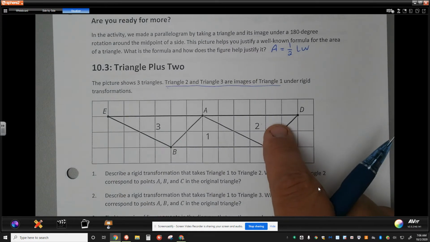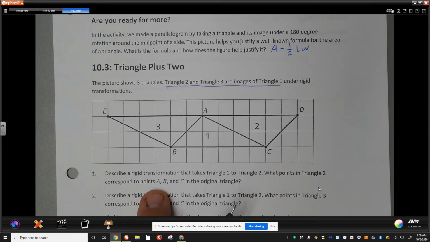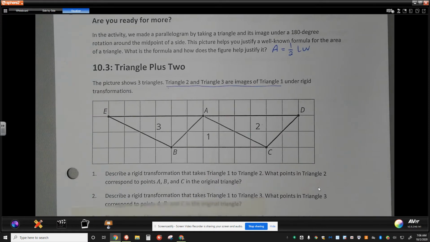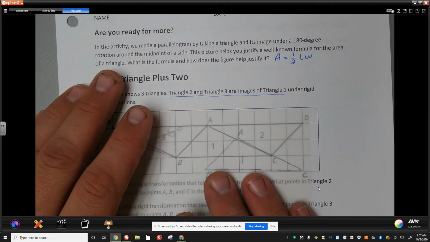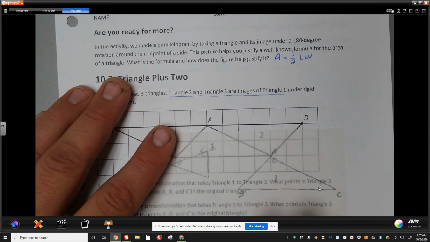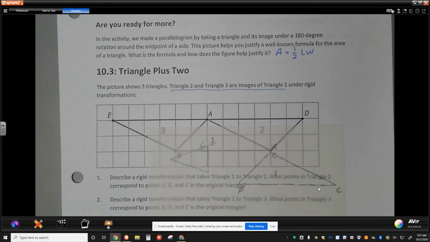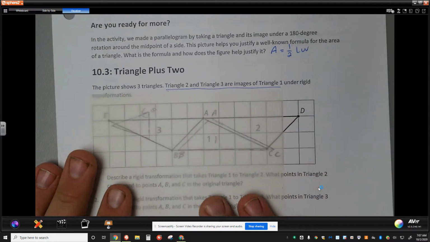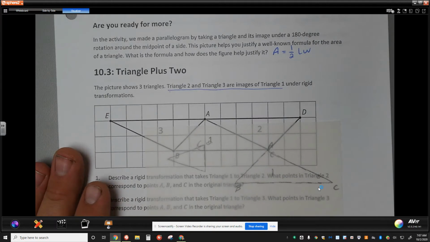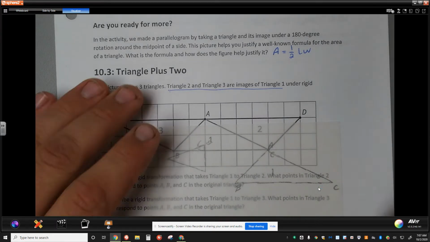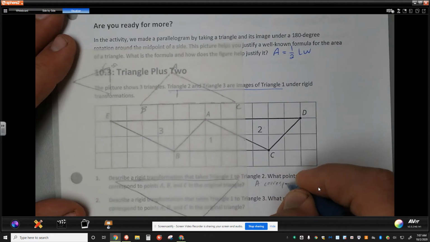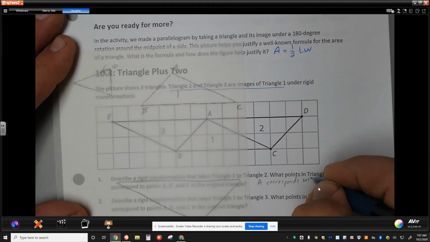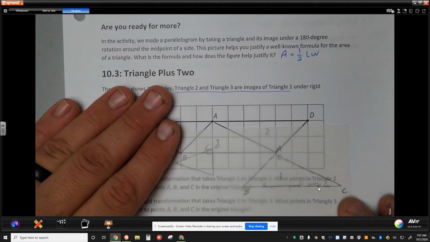And here, let's go ahead and answer this. What points in Triangle 2 correspond to points A, B, and C in the original triangle? Well, I know that the top of the triangle is the same as C. So as I look at this and I bring that down to there, I can see a little bit of a different relationship than I saw by just looking at it from up here. By connecting C and A, recognizing that A corresponds with C, I can see a different kind of relationship.